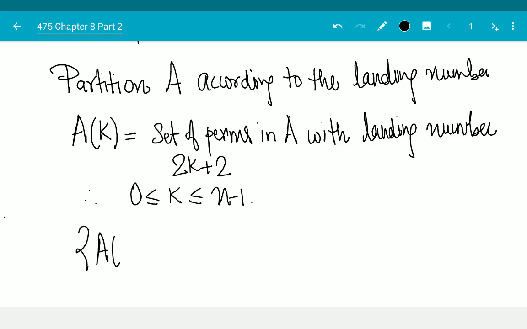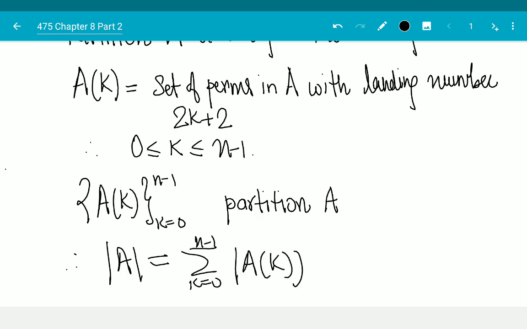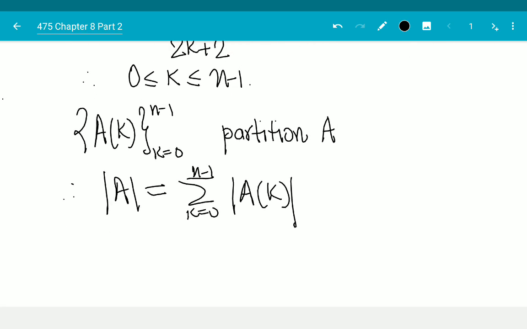So these Ak, k equal to 0 to n minus 1, partition A, and therefore the size of A is equal to the summation from k equals 0 to n minus 1 of the size of Ak, right? And so now we are going to look at how to calculate the size of Ak. Okay.